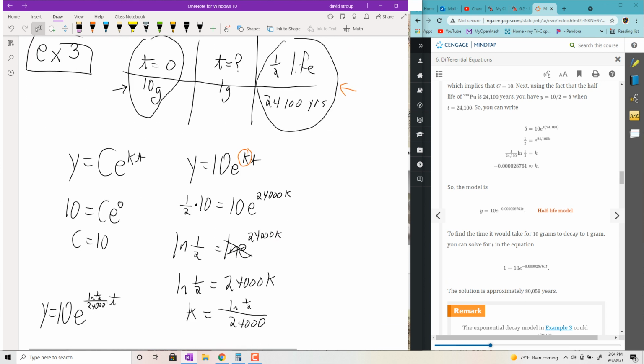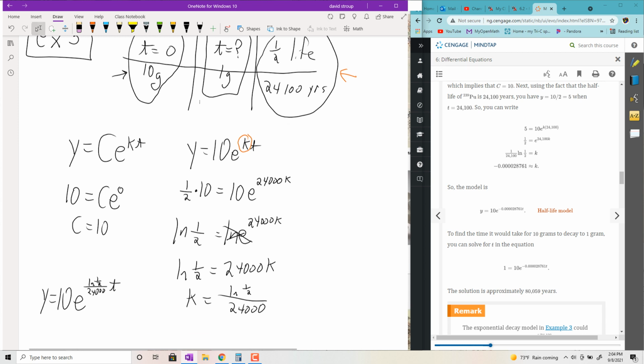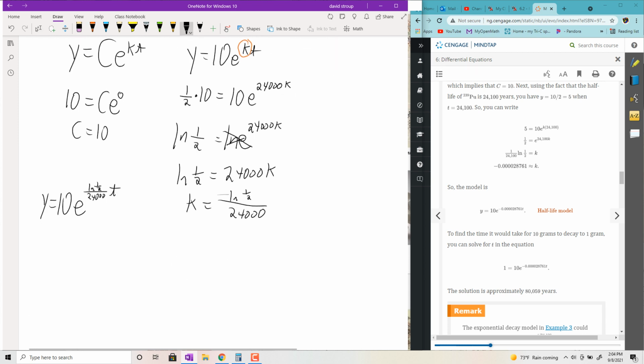Now they want to know how long it takes for you to end up with 1 gram. So I'm plugging in 1 for y, and that will equal 10 e to the ln of 1/2 over 24,000 t. I have another exponential equation, so move the 10 over and take the natural log on both sides.